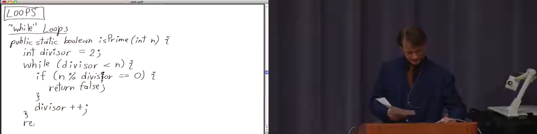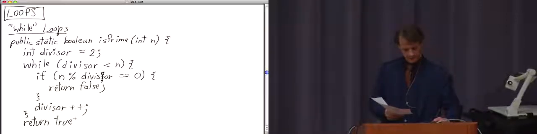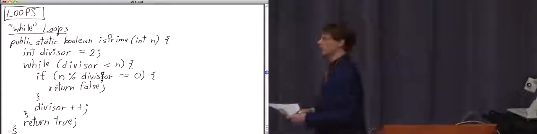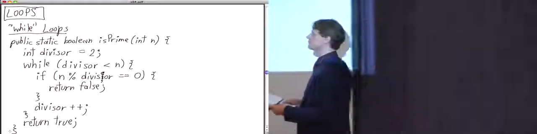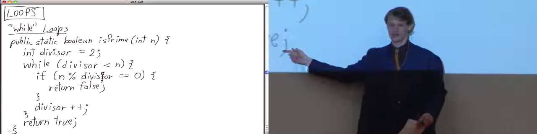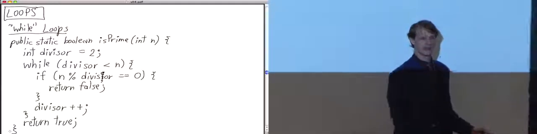And once the while loop is done, once it's tried every possible divisor and failed, then and only then do we know that the number is prime, and we can return true. So we've tried every divisor, none of them divide n. Now we know it's prime.